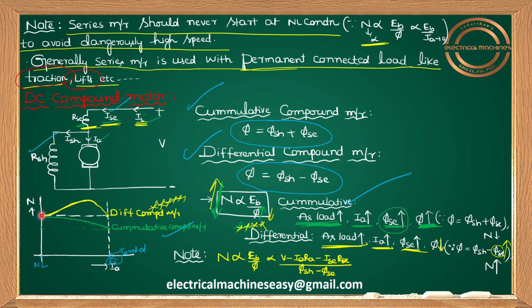Example, no load speed is 1000 rpm, so full load speed is also 1000 rpm here. Why, in the differential compound motor, as load increases, speed increases, and then it comes back to the same speed at full load condition as the no load speed? What is the reason?